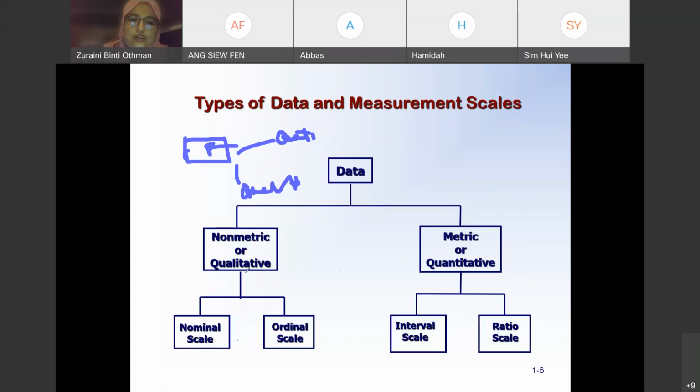What is a qualitative measure for the image, and what is a quantitative measure? Qualitative is like the quality of that particular image. Is this image free from noise, or is it a sharp image? That represents qualitative.